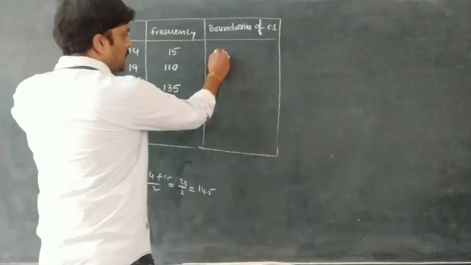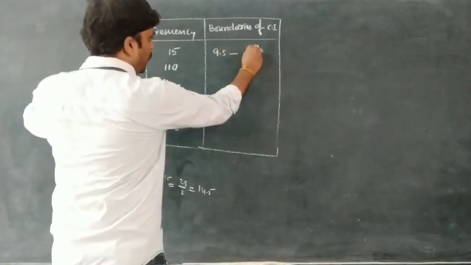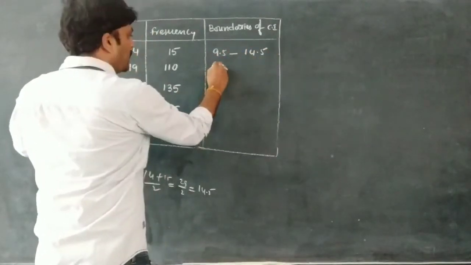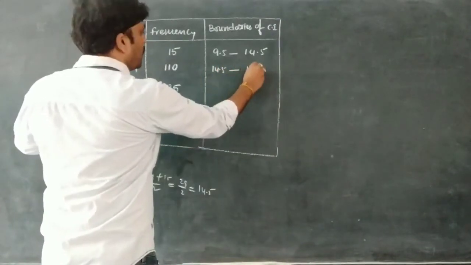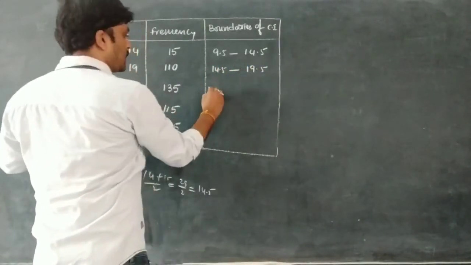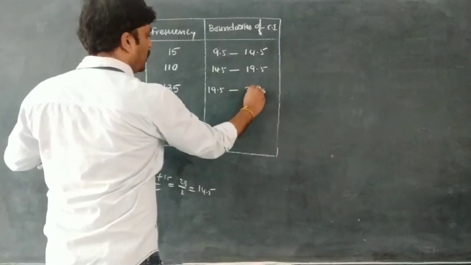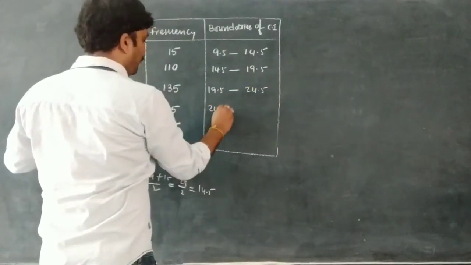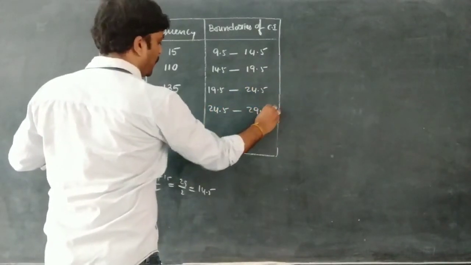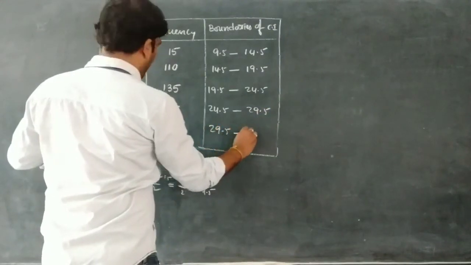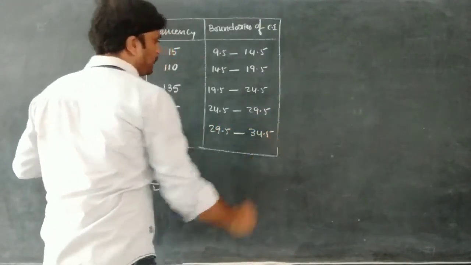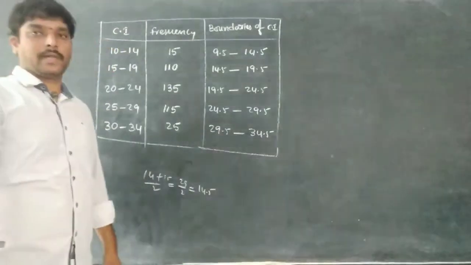So the first one is 9.5 to 14.5, second is 14.5 to 19.5, next 19.5 to 24.5, 24.5 to 29.5, 29.5 to 34.5. These are the boundaries of the class intervals.